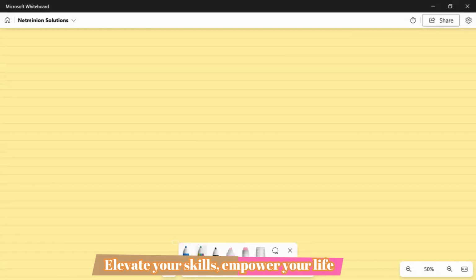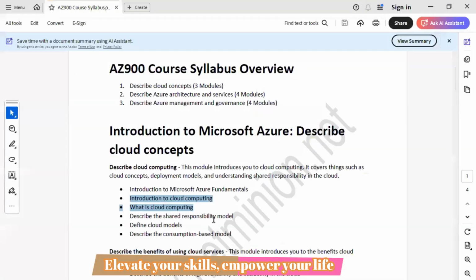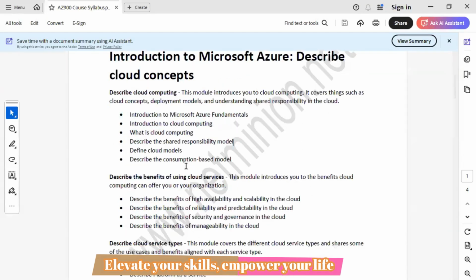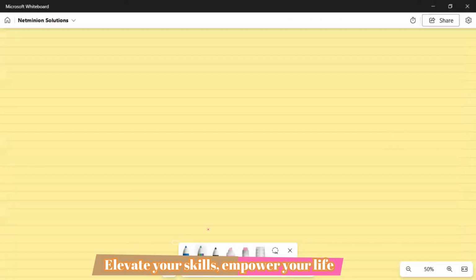Now, in this chapter, if you see further, this is the shared model and all of these things we have discussed. Then there is something named cloud models and then consumption based models. Let's talk about cloud models. What are the cloud models?